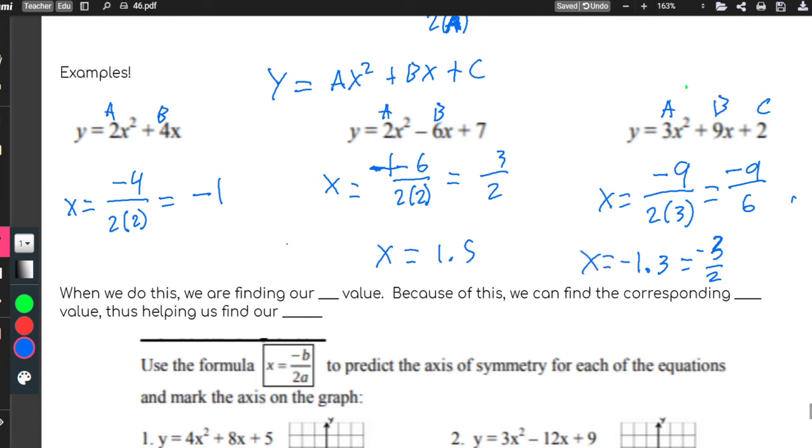So when we do this, we are finding our x value. As I've already said multiple times before, when we find our axis of symmetry, we're actually finding the x value of our vertex. And because it gives us the x value, we can find the corresponding y value, which will help us find our final vertex.